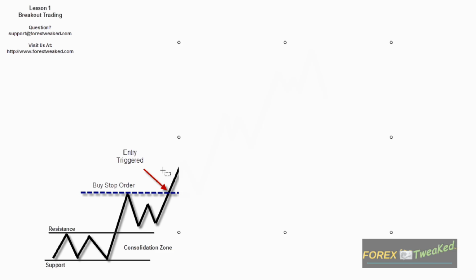Okay, so continuing with this lesson, we've gone ahead and entered the trade here. So the next thing you want to do after you enter the trade is you go ahead and place your stop loss. Okay, now you can do this before or after the trade. I like to do it after my trade.